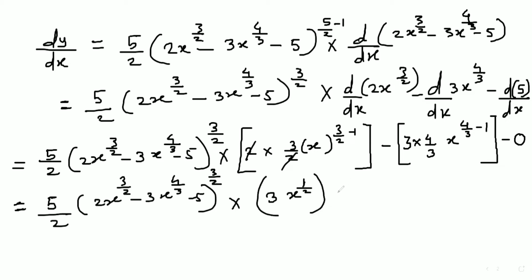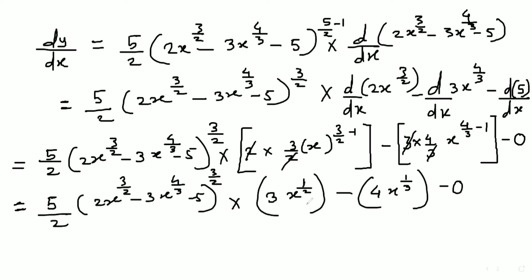In the third term, with the minus sign, 3 will get cancelled, and this is 4 x raised to, as we know 4 upon 3 minus 1 is 1 upon 3, so let's write 1 upon 3, minus 0. 0 doesn't affect the answer.